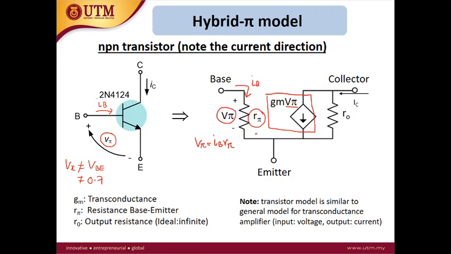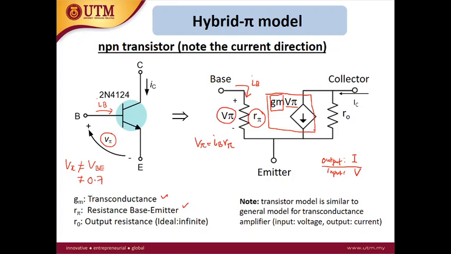This amplifier model is called a transconductance model, because the output is current and the input is voltage. So this can be categorized as a transconductance amplifier model. The gain here is a transconductance, gm.